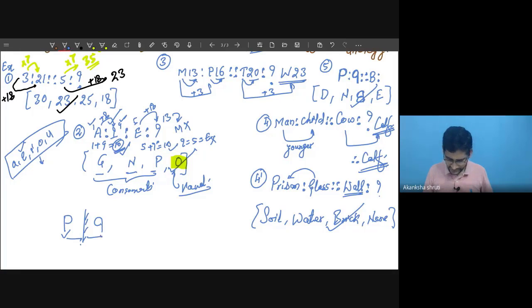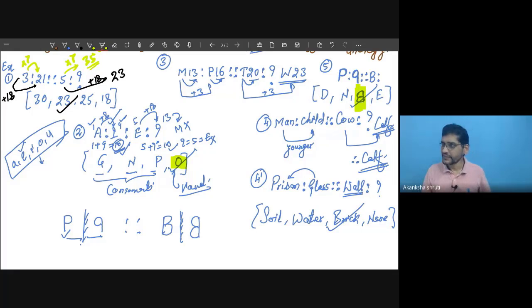Similarly, if we are writing for this B, where the mirror was placed at the same location, you have to observe. So here we are observing that this will be at a larger distance and it will come like this. So this way, the correct option is the mirror image.